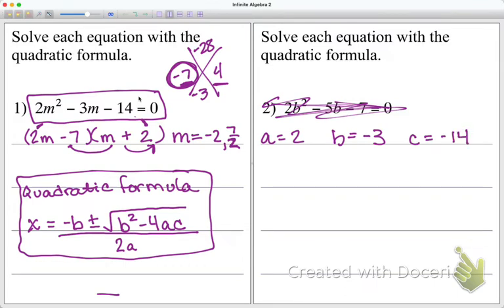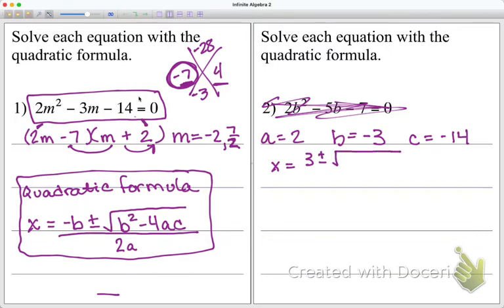So all I do is plug them in. Well, what does negative B mean? It just means the opposite sign, yes? Guys, negative b over 2a. Is that familiar? Yes. Is that the vertex, the h of the vertex? Yeah, that's where it comes from. Okay, so I have x equals negative b, so a negative 3 is a plus, plus or minus the square root.